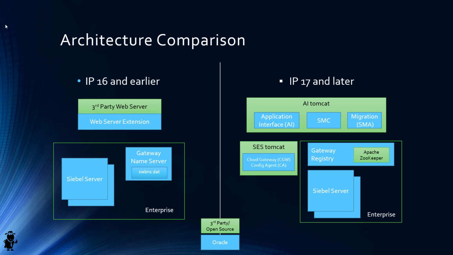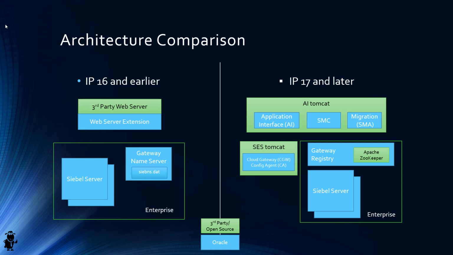There is also a Tomcat on any other machine that hosts Siebel Gateway or Siebel Server software, which we refer to as the SES Tomcat because it hosts different programs such as the Cloud Gateway or Config Agent.